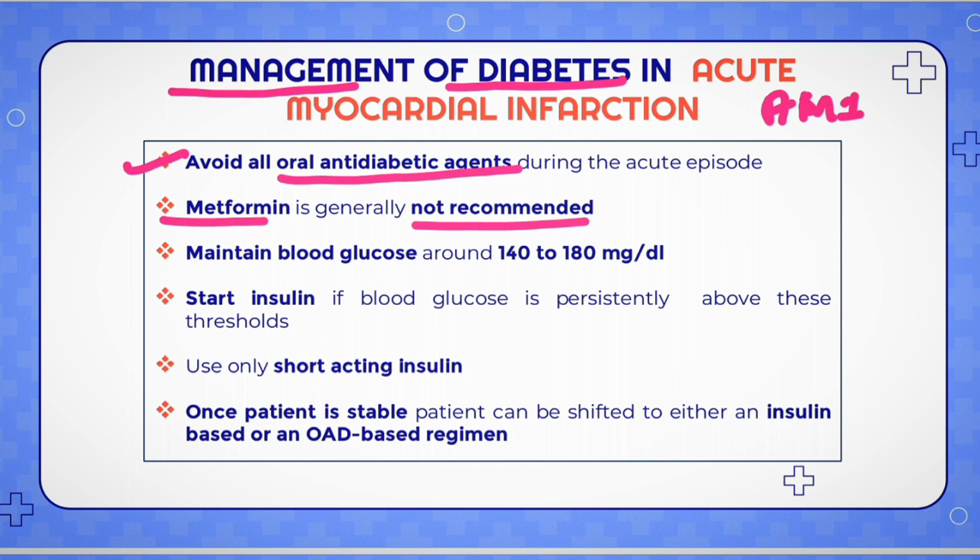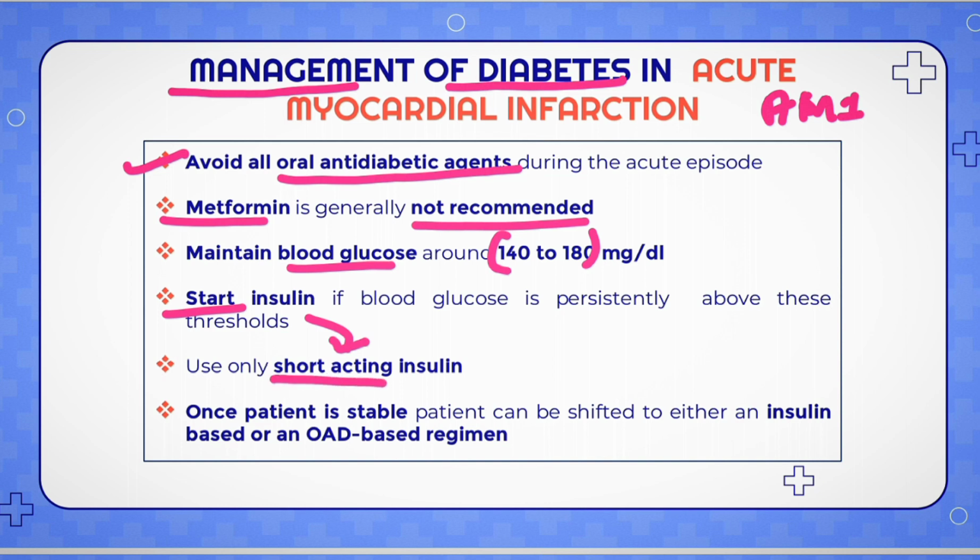We should try to maintain the blood glucose level around 140 to 180 milligrams per deciliter. We should start insulin in such an acute episode if the level of blood glucose is above the required threshold level. In insulin, we should think of starting short-acting insulin.